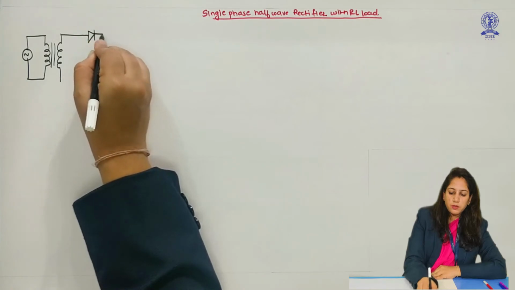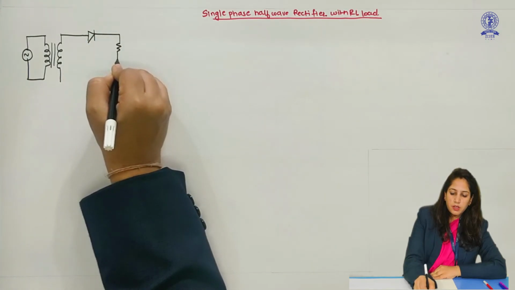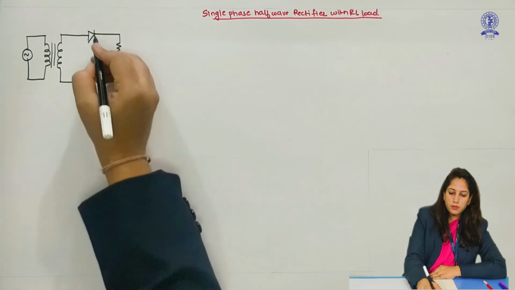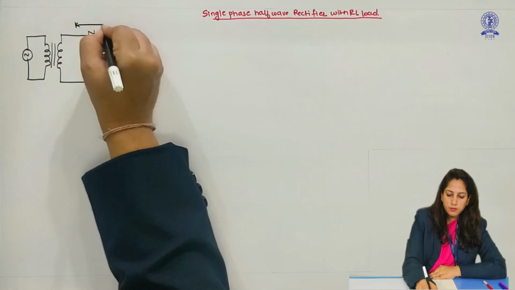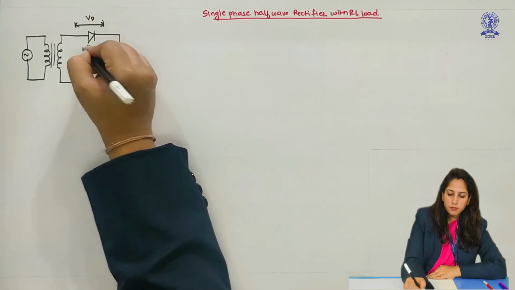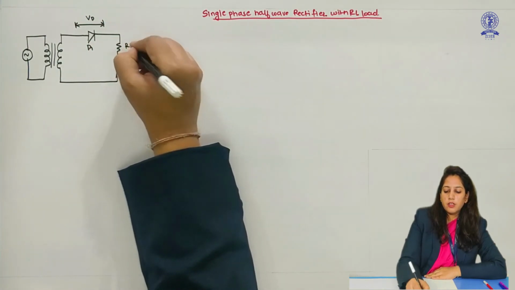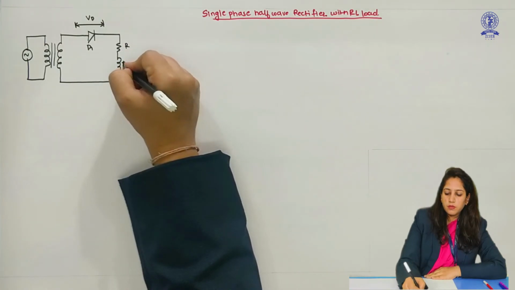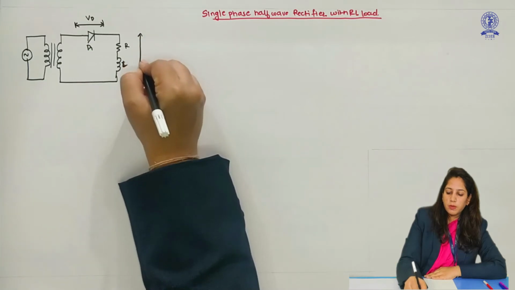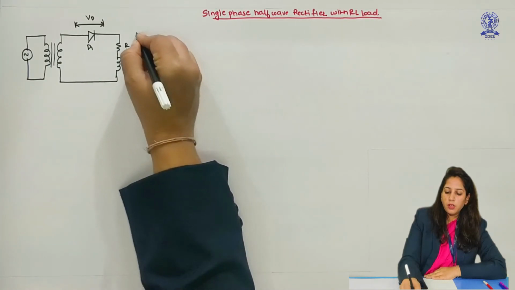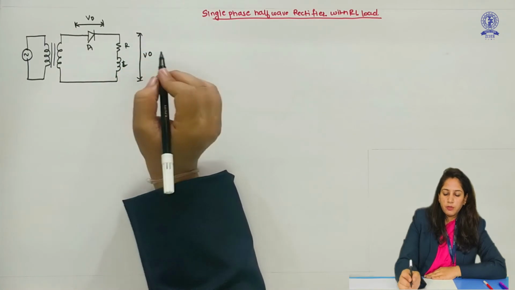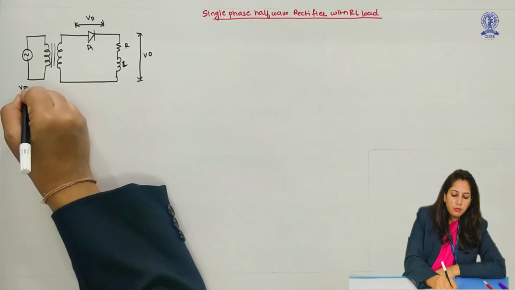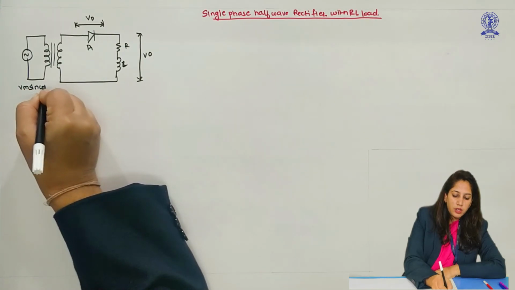This is my diode, this is my resistor and inductor load. I will call this D1 diode, resistance, inductance. This will be an output voltage VO. VR and VL we know very well. Now the input will be Vm sin omega t.